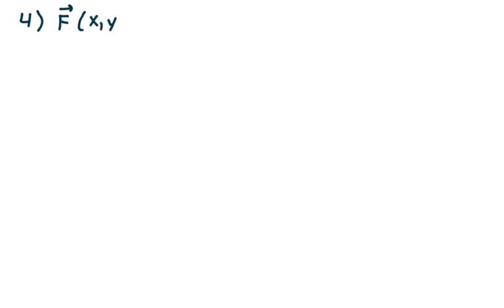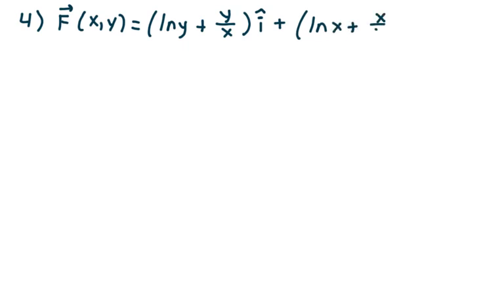Suppose F of xy equals natural log of y plus y over x i plus natural log of x plus x over y j. And what we're going to do is we're going to let p equal natural log of y plus y over x.